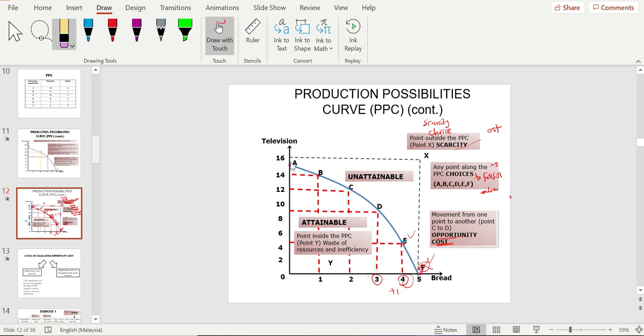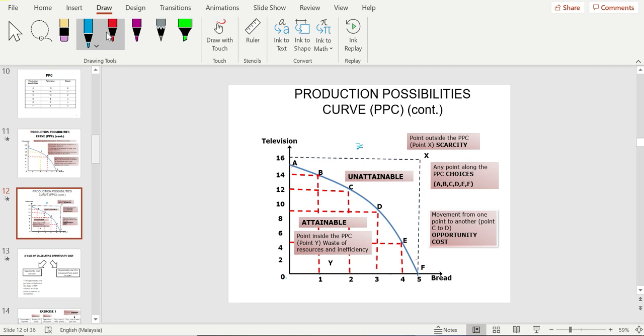Yes, kita tak boleh capai sebab we don't have the resources. So for example, country tu kata saya nak produce dekat point, saya letak example here, point Z for example. Boleh ke? Cannot lah, sebab your resources up until point curve ni saja.